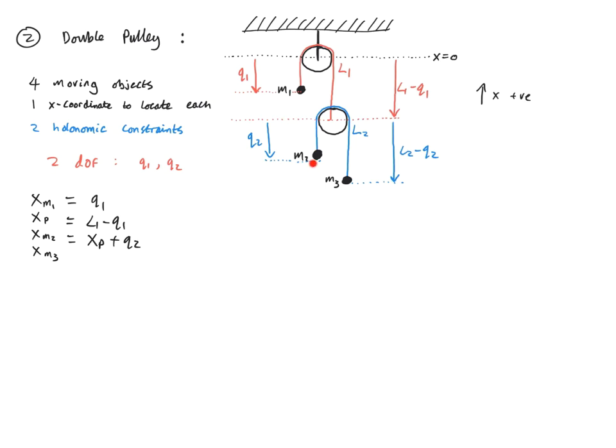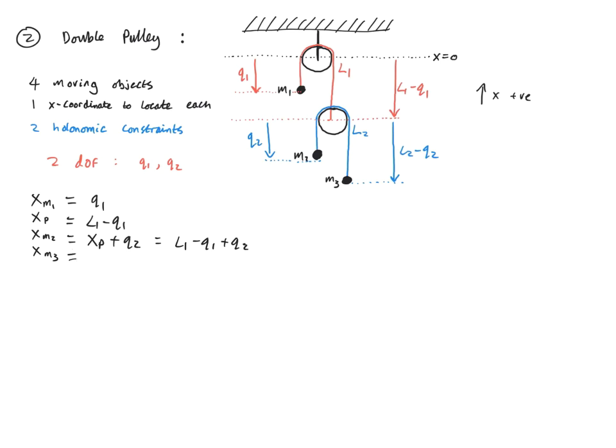To get the distance here, we need to add the distance of the pulley to Q2, but that can be written as L1 minus Q1 plus Q2.